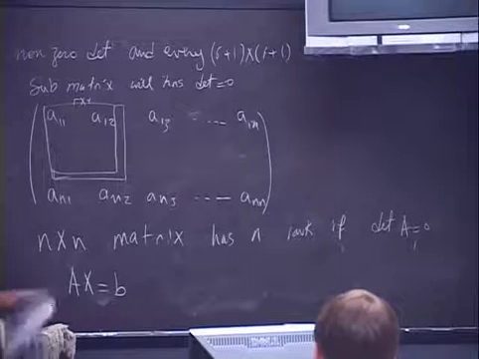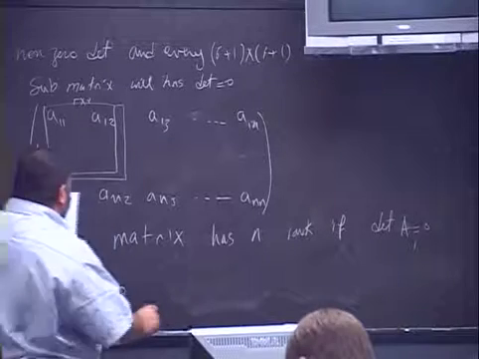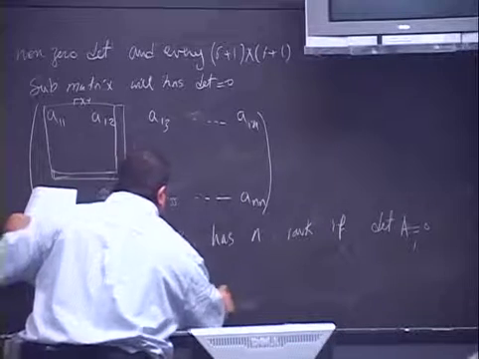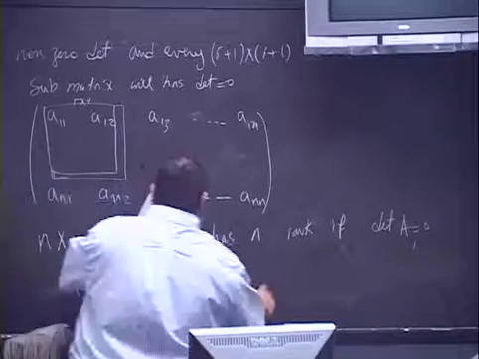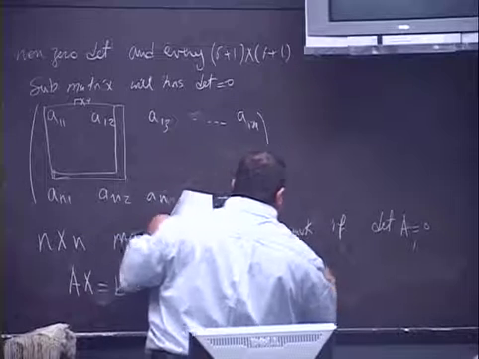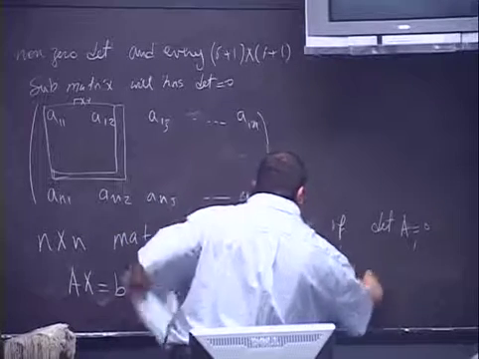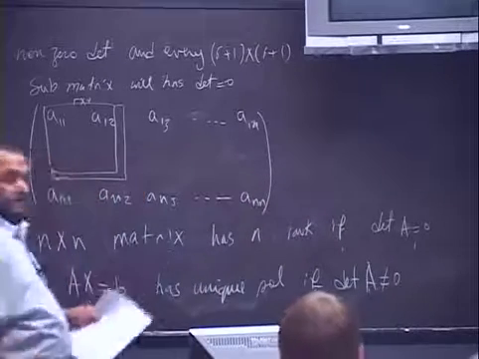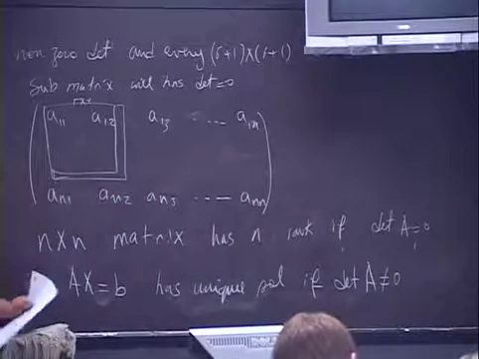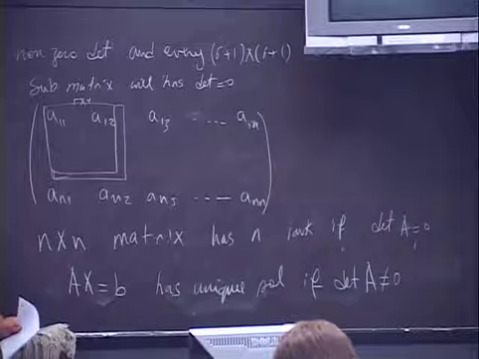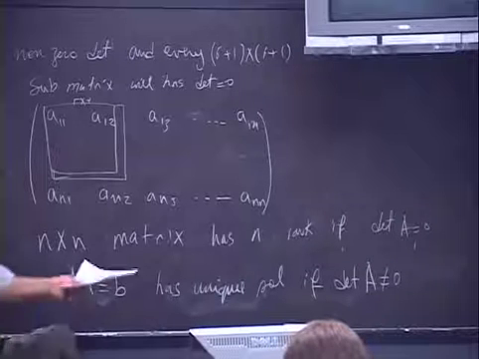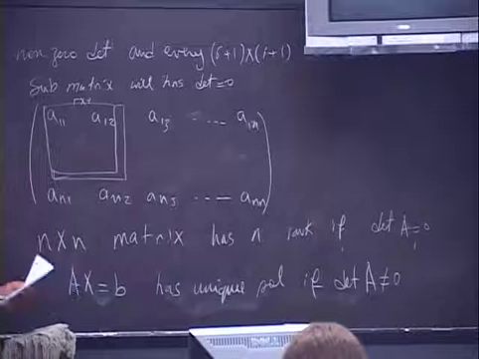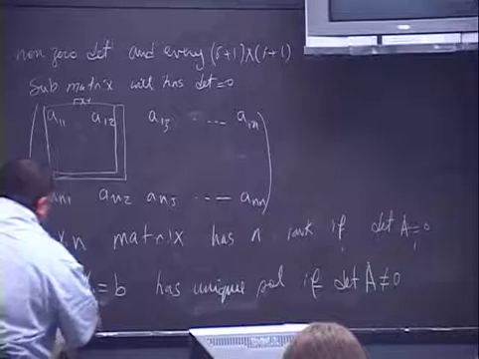So for AX equal to B, it will have a unique solution if the determinant of A is not equal to 0. So if you have A n by n and the determinant is not equal to 0, this means you have a unique solution, only one solution. This is for the inhomogeneous.